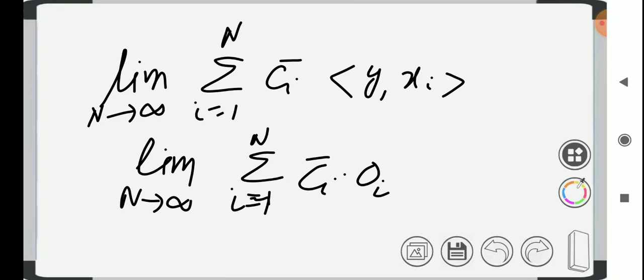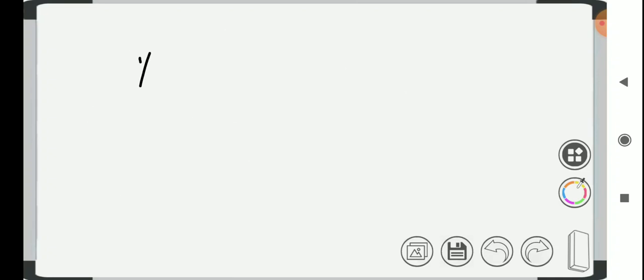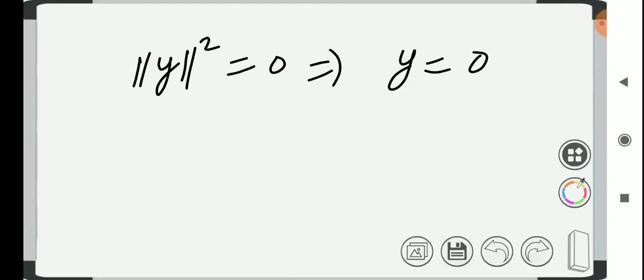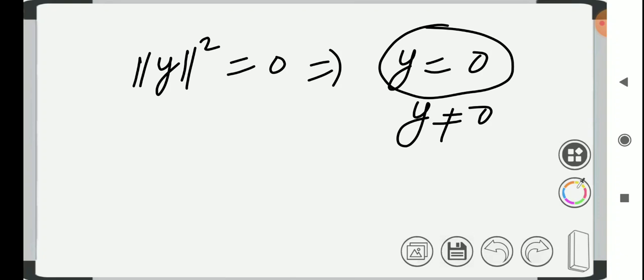This will simply be 0 because they are all orthogonal to each other, and the limit of the zero sequence is 0, which implies that the norm of y squared is 0, which implies that y should be a zero vector. But we assumed that our eigenfunction was non-zero, because we consider only non-zero eigenfunctions or eigenvectors. It is always assumed to be non-zero, which is a contradiction. We get here that y is a zero vector, but we assumed that y was non-zero, which is a clear contradiction.